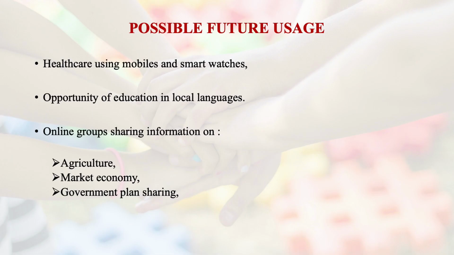Once again, what you require is just a mobile phone. Then sharing of government plans. These days governments are sharing, but I think more can be done in this direction, where local feedback can be collected and utilized for creating even better plans for the public.